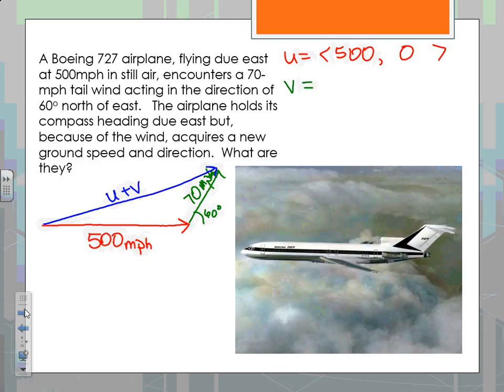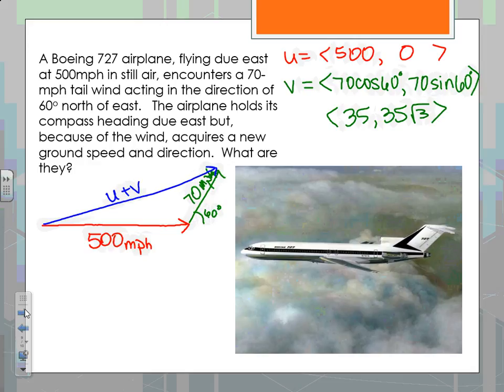We know the magnitude and direction. Remember, our horizontal component is 70 times the cosine of the direction, or magnitude times the cosine of direction. Our vertical component is magnitude times the sine of the direction. Okay. So that green vector is 35, 35 radical 3.